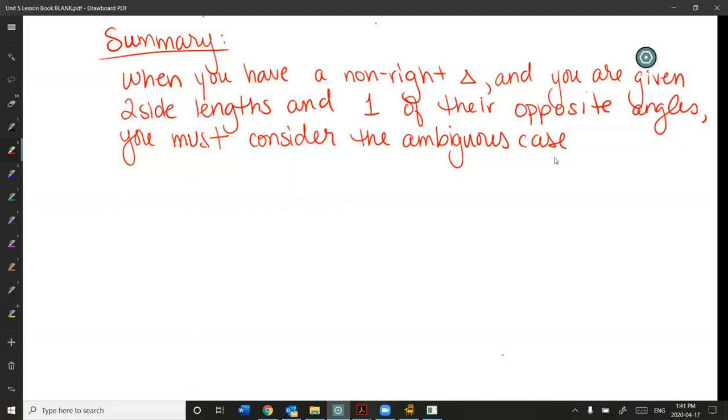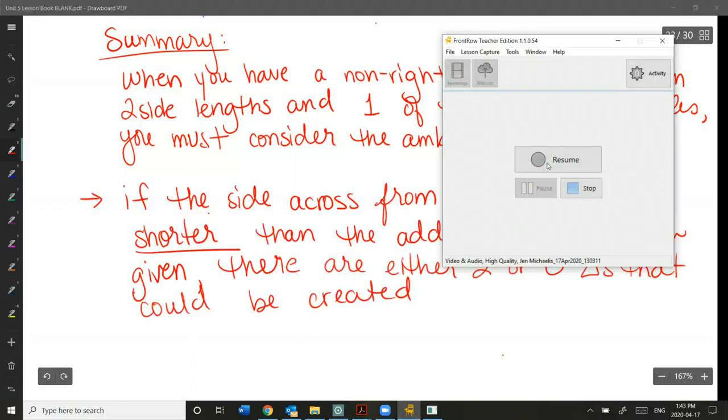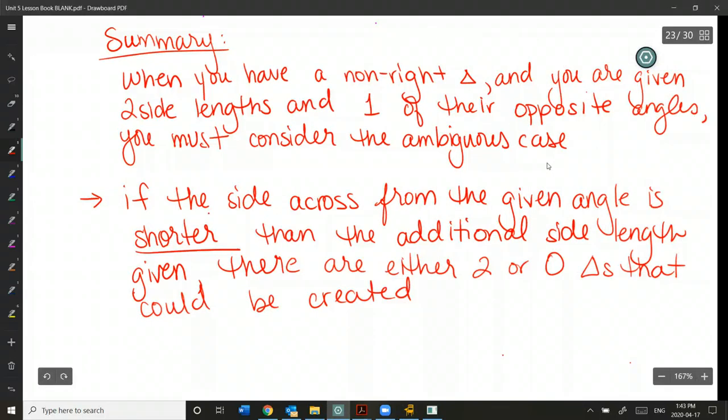This is the scenario where we would have to consider that there could potentially be 0 triangles, 1 triangle, or maybe even 2 triangles. So if the side across from the given angle, so the side opposite to the angle that's given, is shorter than the additional side length, then there are either 2 triangles or maybe even 0 triangles that could be created.